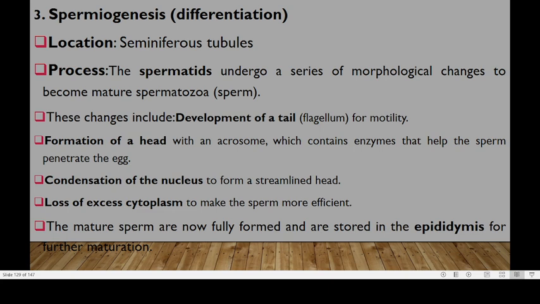You know, the acrosome contains enzymes that will help the sperm to penetrate the egg by digesting a path through it. Then you have the condensation of the nucleus to form a streamlined head, and loss of excess cytoplasm to make the sperm more efficient. Then the mature sperm are now fully formed and stored in the epididymis for further maturation.